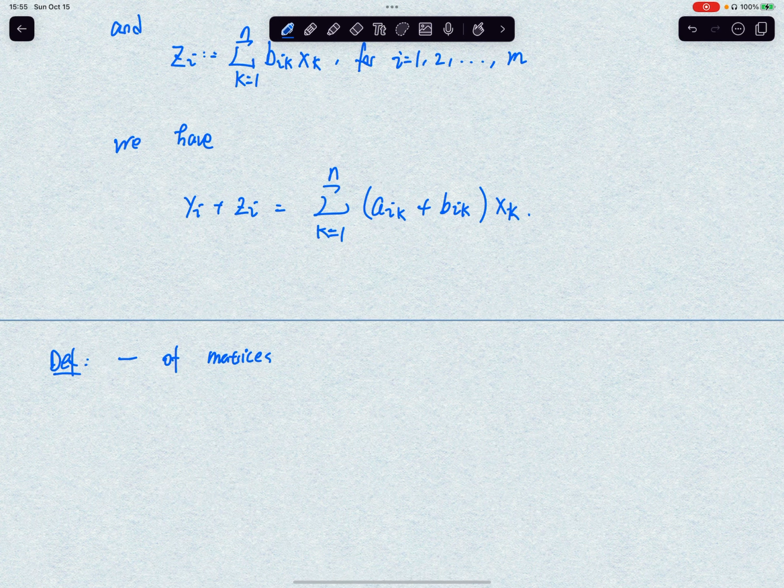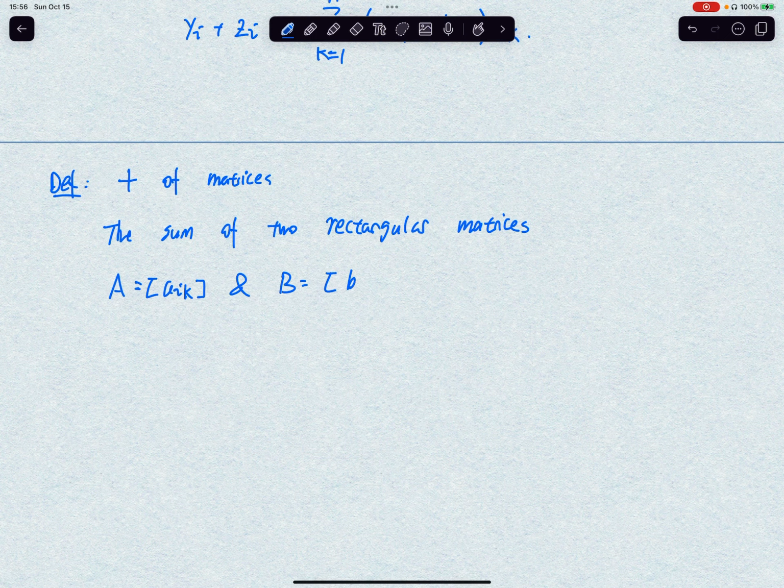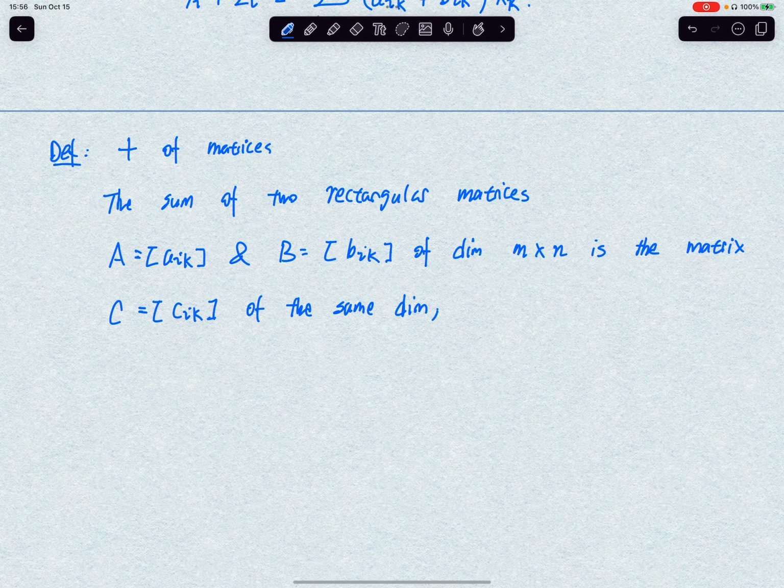So this means addition. So the sum of two rectangular matrices, namely A equals aik and B equals bik, of dimension m by n, their summation is the matrix, namely C denoted by cik, of the same dimension, and whose elements cik are the sums of the corresponding entries, that is aik and bik.